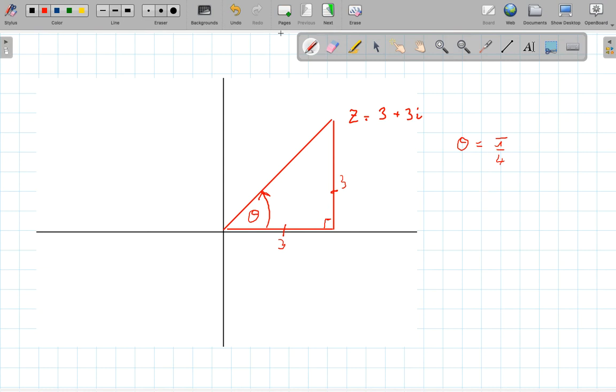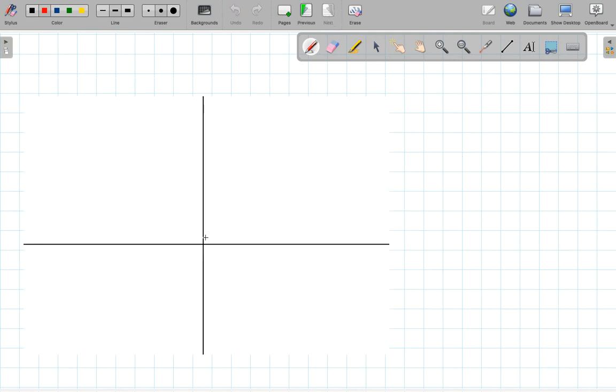Let's go for one that's not quite so straightforward. So I've got another Argand diagram here, and I'm going to draw it so it comes in the second quadrant, something like that. And this time I'm going to call my Z negative root 2 square root 3 plus 2i.